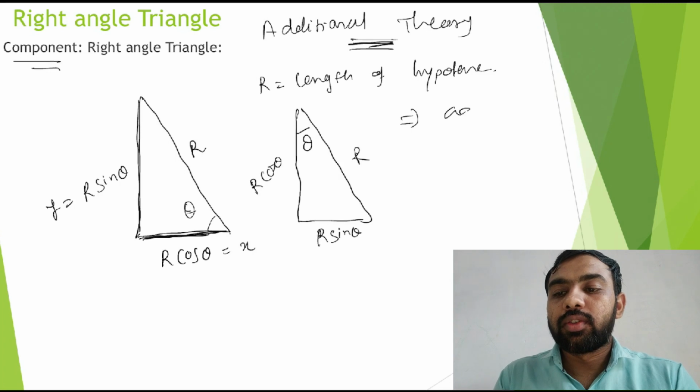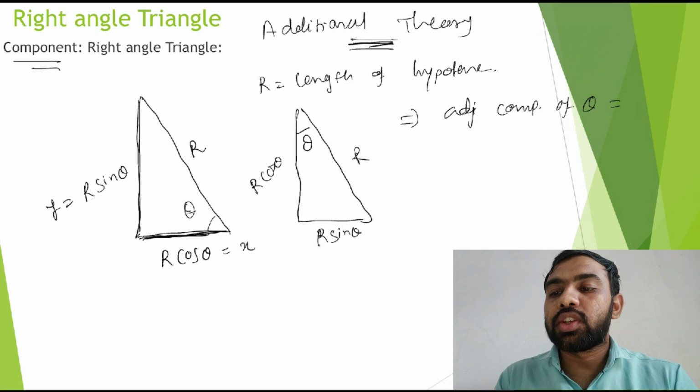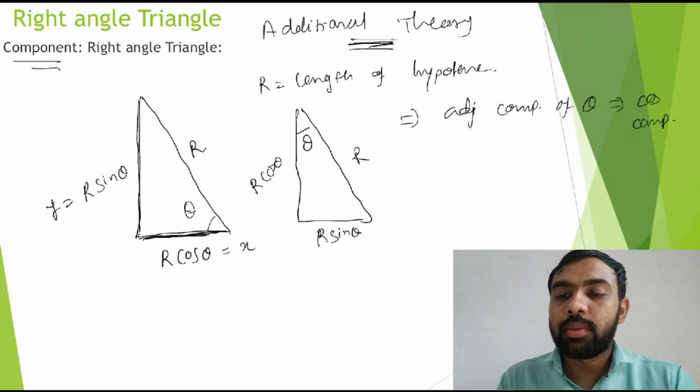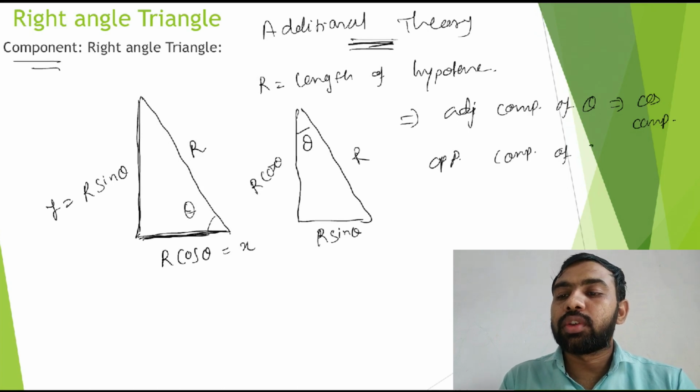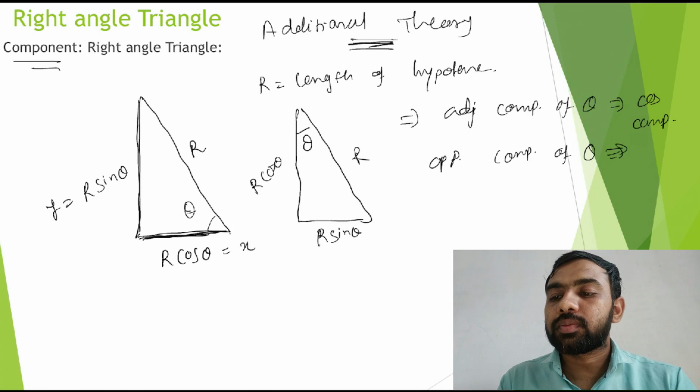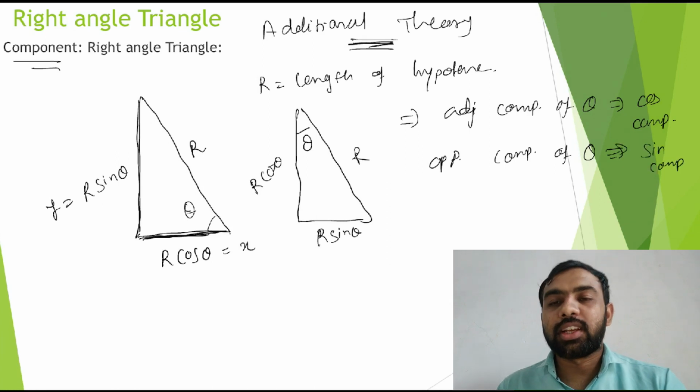So write a note: the adjacent component of theta is which component? Cos component. And the opposite component of theta is which component? Sin component.